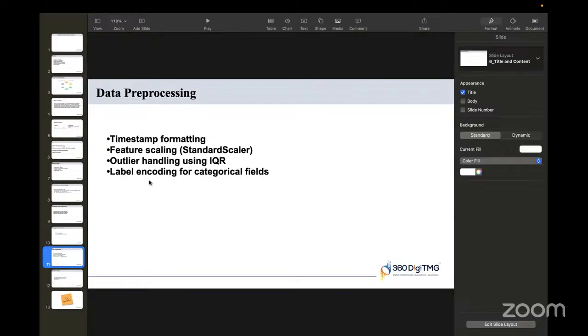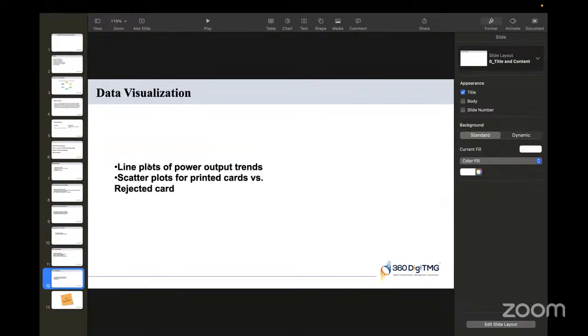We also did label encoding for the categorical fields, like the categorical field of the materials or of the operational stuff. After all this pre-processing, we scaled our data into one standard format for advanced analytics.